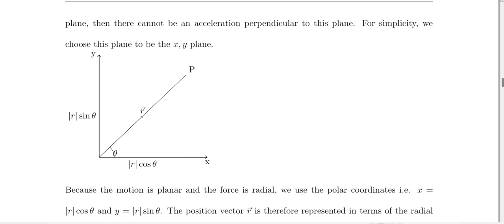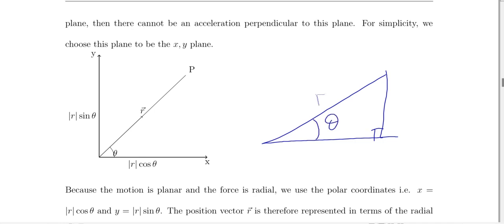So we think of the xy plane, then the position vector R is described by this line. We can think of a force which is located at P, directed towards the origin. The angle theta is the angle between the position vector R and the positive x-axis, so we can describe this by a triangle of this form. This side has the length of magnitude r.